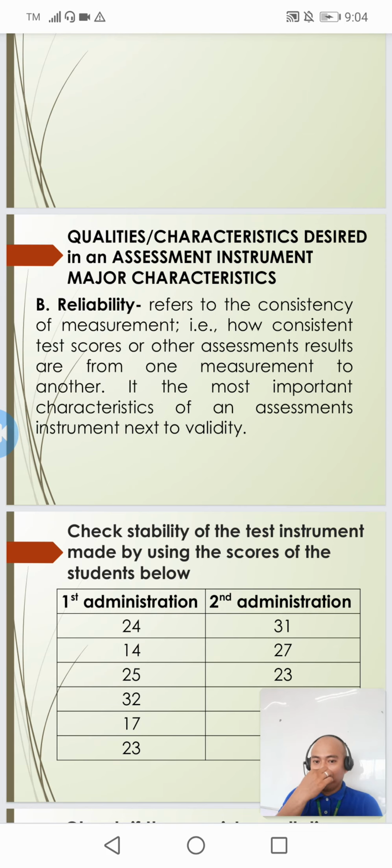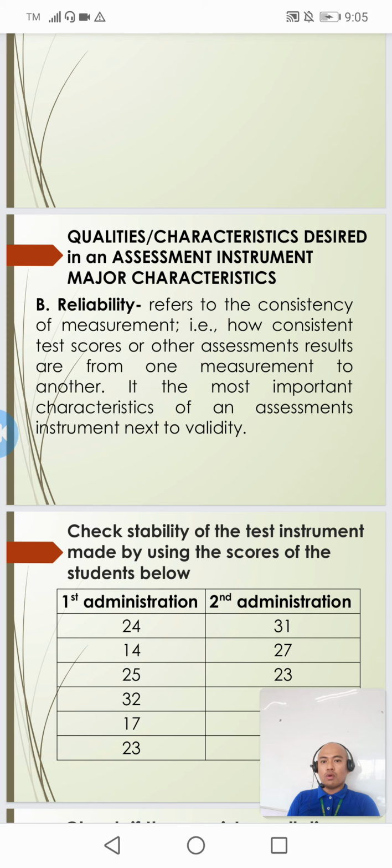So this will be the second factor or quality that we need to consider when we want to have a high quality classroom test instrument. This is the reliability. When we say reliability, this refers to the consistency of the measurement.